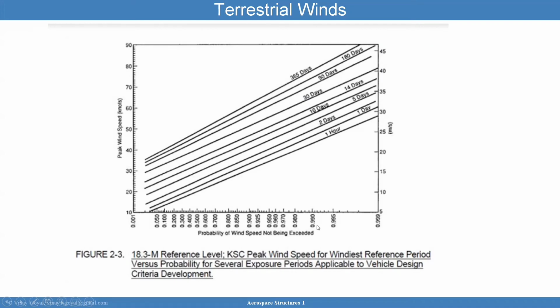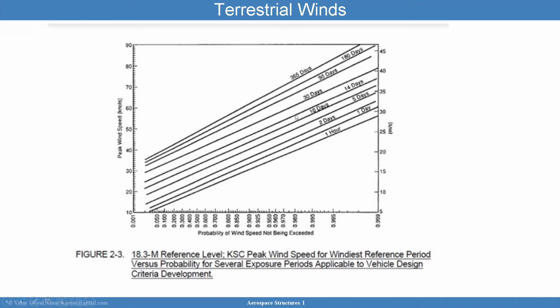So if I'm at 99%, I don't want to exceed 99% probability of not exceeding that peak wind speed, then for 365 days, that means you have to design for maybe 70 knots. But if you roll to the pad and you're 30 days on the pad, maybe the value is lower. And so you have to really look at the peak wind speed for the windiest reference period versus the probability for severe exposure periods applicable to this design.